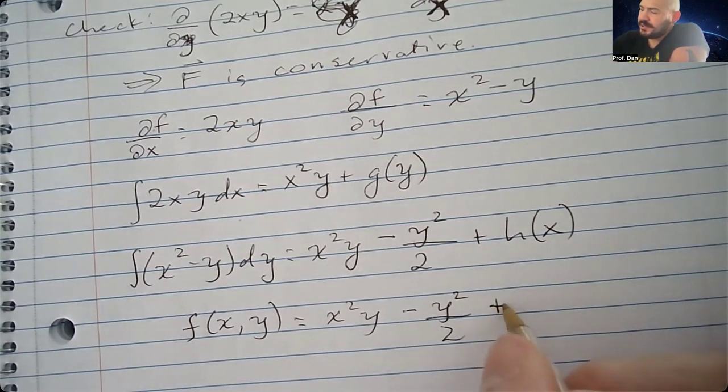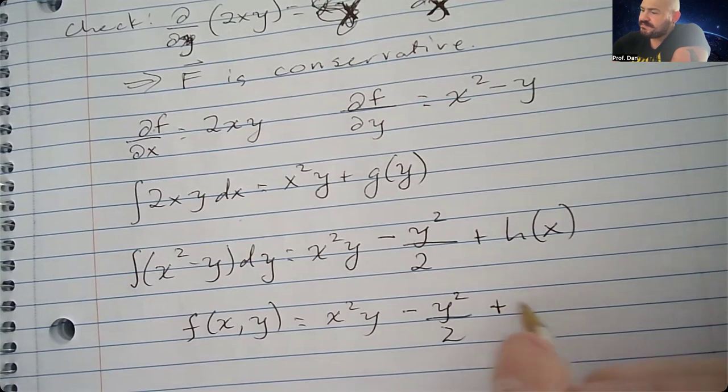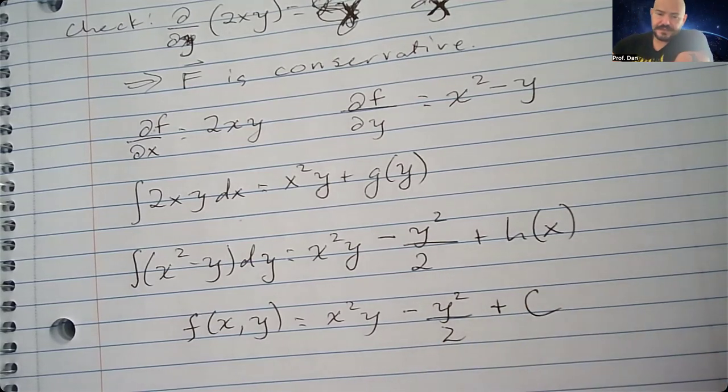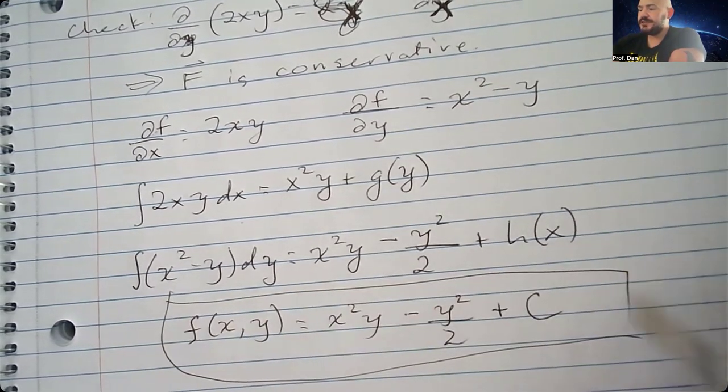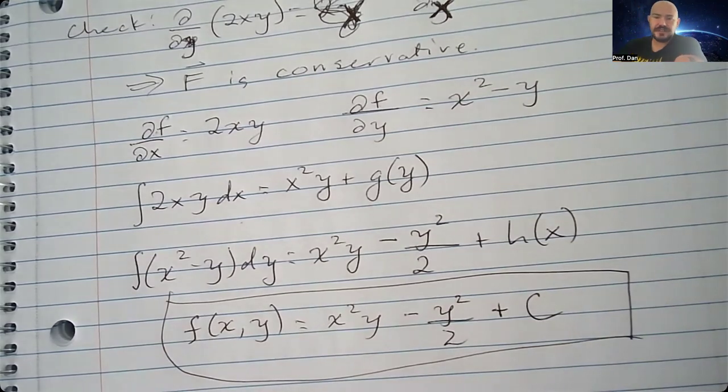For that, we can write plus c. Your textbook uses k, but old habits, y'all. All right, so this ends up giving me my potential function. And if I vary the value of c, I get a family of functions that all have the same gradient. Pretty fun stuff.